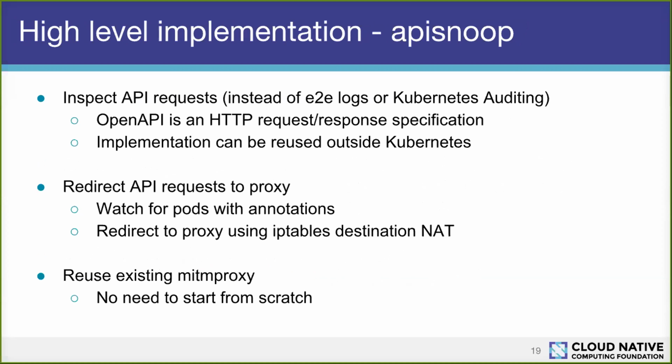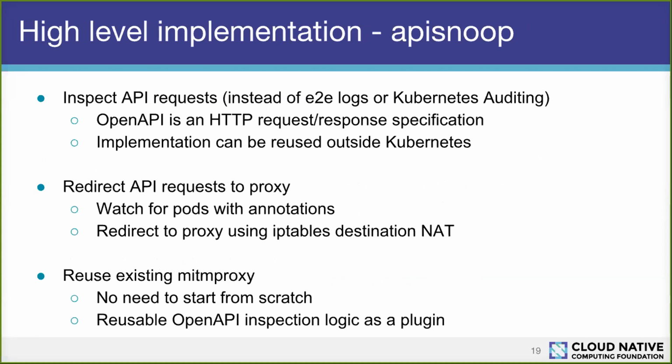At a high level, we inspect the API requests instead of e2e logs or Kubernetes auditing, and then we can reuse this implementation outside of Kubernetes. We redirect API requests to the proxy.